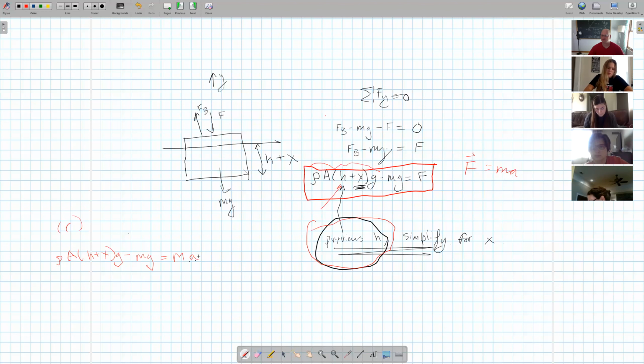That's the only difference. You're still going to use that previous h from before, but you're not going to do anything with x. X is still going to be a random variable, so you're not going to use what you did in part B for x. And then from here, eventually just solve this for a.